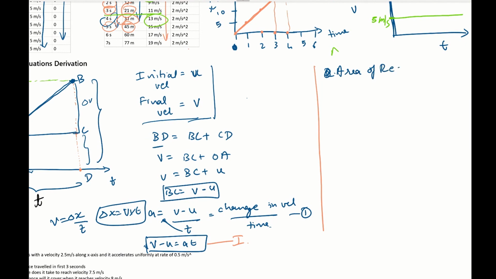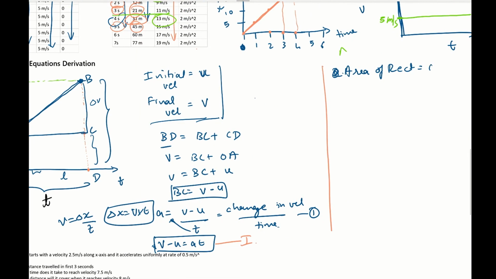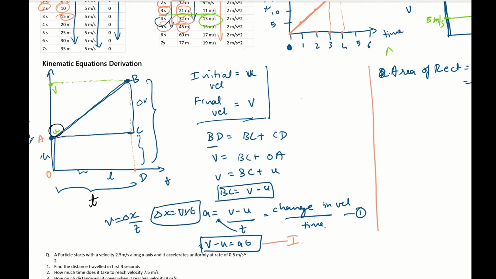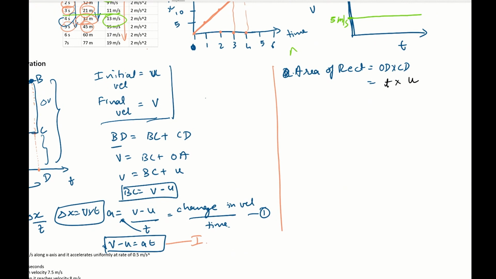Area of rectangle is length times height, so it is OD times CD. OD is the time, and CD is the initial velocity, so you get U times T.